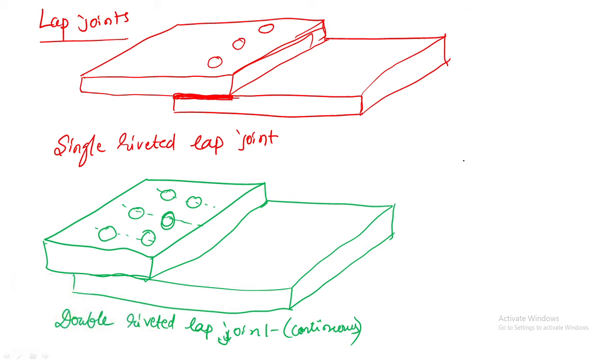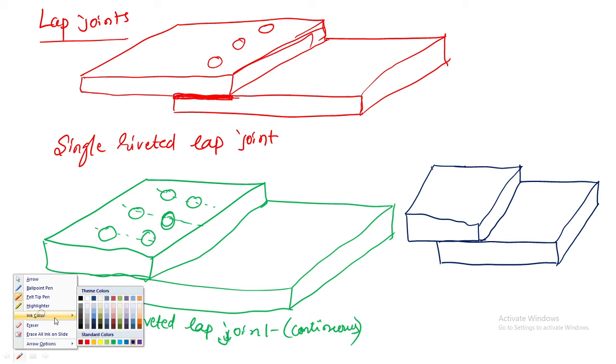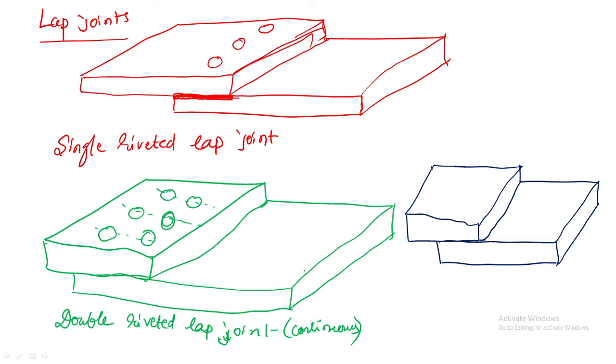Now I'll draw one more diagram here. If the riveting is staggered half the pitch, let us say I have placed one rivet here, one rivet here, one rivet here, one rivet here, one rivet here.